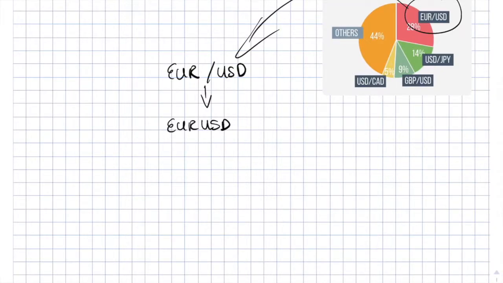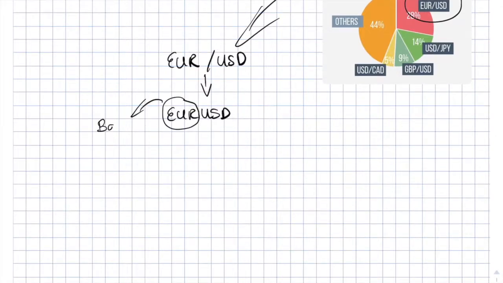So the currency on the left, the euro, is known as the base currency, and the currency on the right is known as the quote currency. You're probably thinking, how is this applicable? Well, when we talk about buying and selling, I will talk about the base and quote currencies and what it means. But for now, just know that the left is the base and the right is the quote currency.